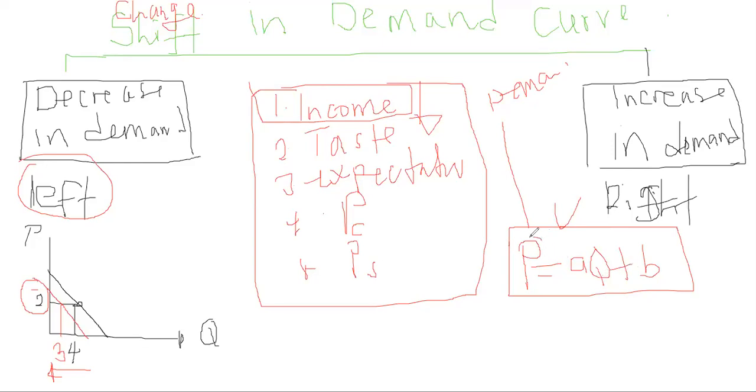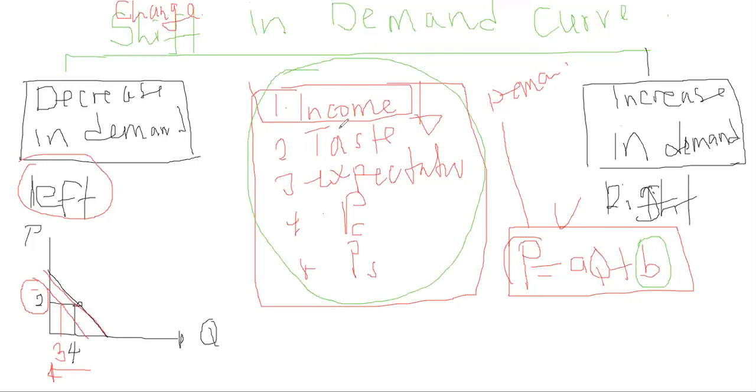It's not the quantity. Remember, price and quantity just affect the movement along this demand curve. So the variable that will be affected is the constant. This constant is representing all of this. Am I communicating?